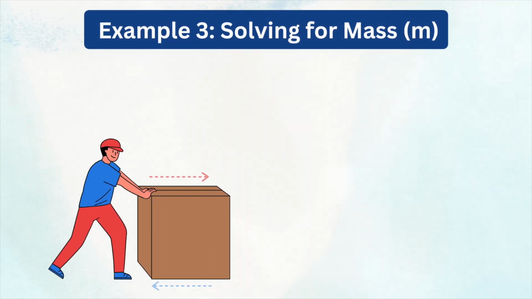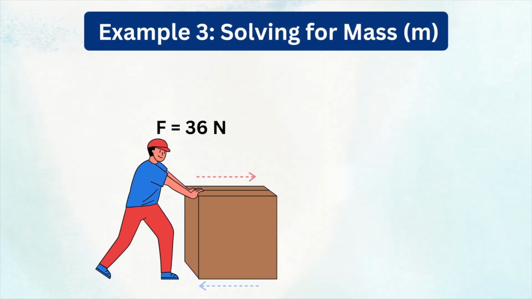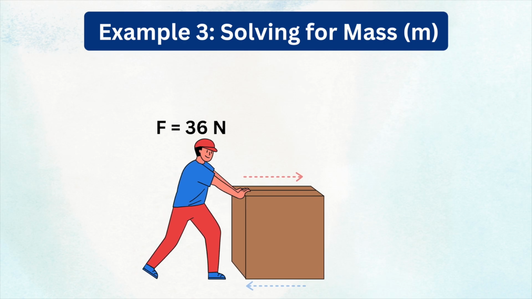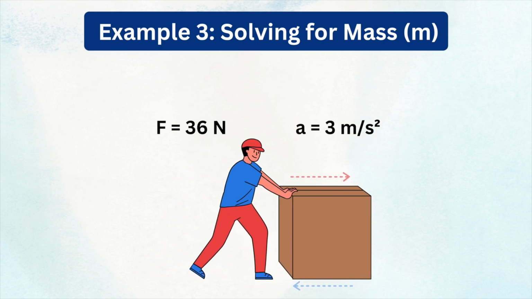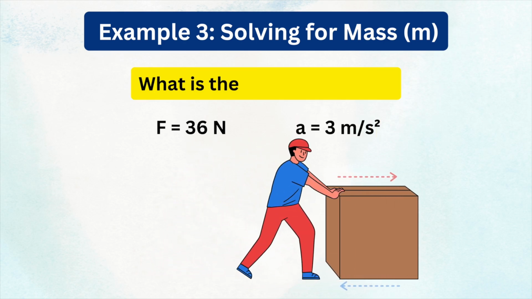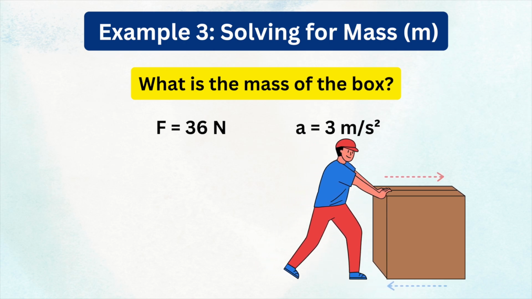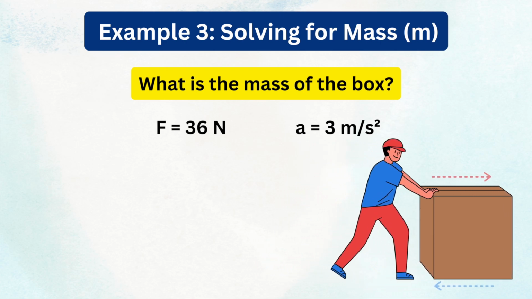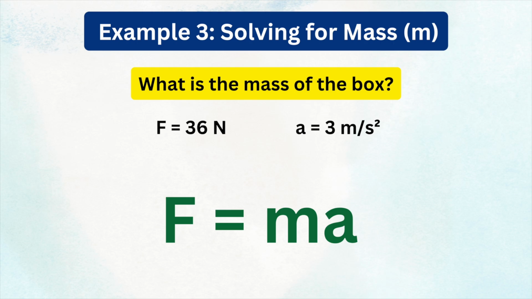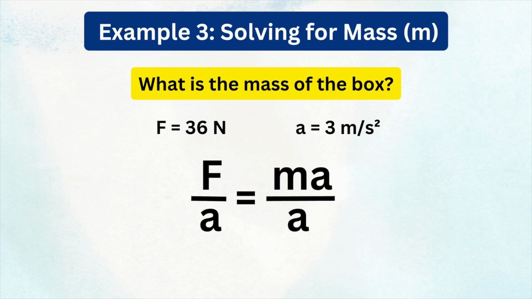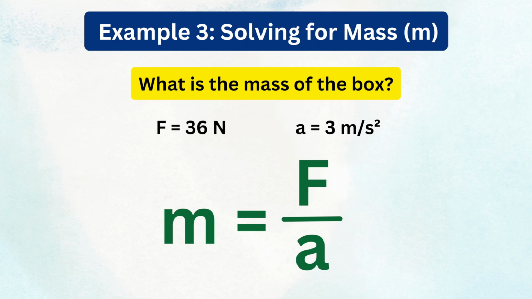Finally, suppose you apply a force of 36 newtons and the box accelerates at 3 meters per second squared. What's the object's mass? To solve for mass, we can rearrange the formula F = ma by dividing both sides by a to calculate for m. So we get m = F divided by a.